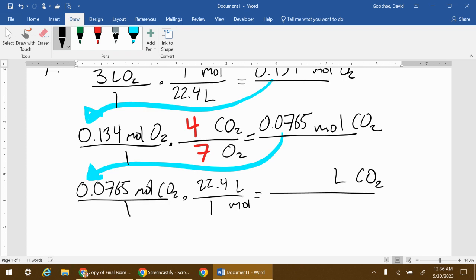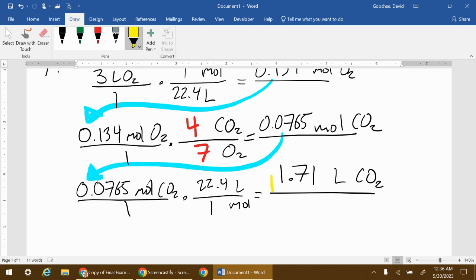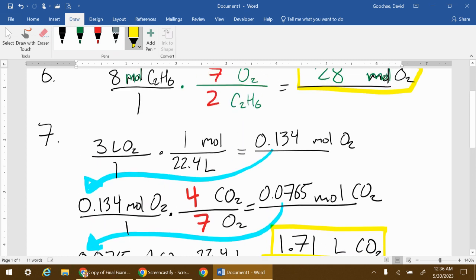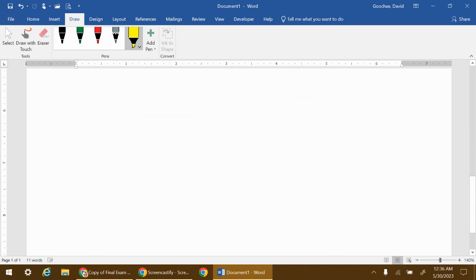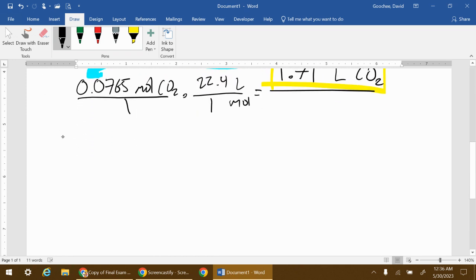So this number times 22.4 is 1.71 liters of carbon dioxide. And this seems about right. Very good. So, on to the last problem for this video.